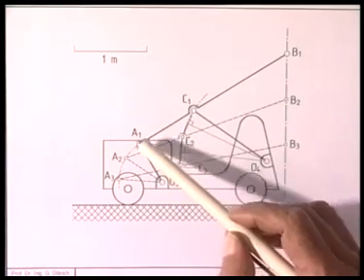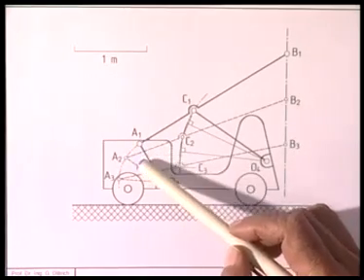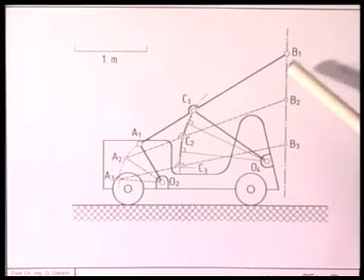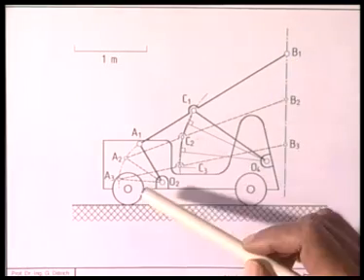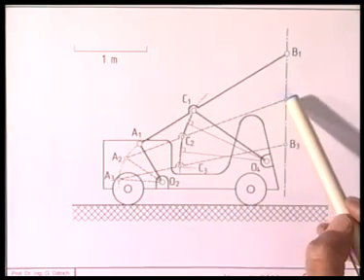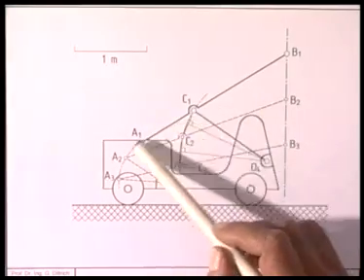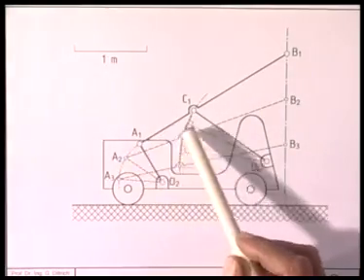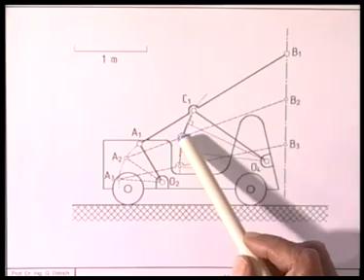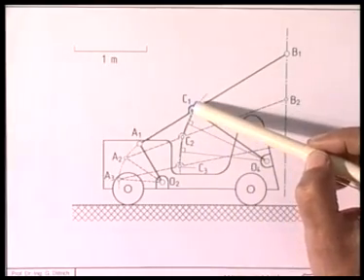A1 goes to A2, that is 26 degrees, B1 to B2, that is 0.6495 meter, and I get O2A2B2. Because this length is already fixed, from A2 I measure this length and get to C2.